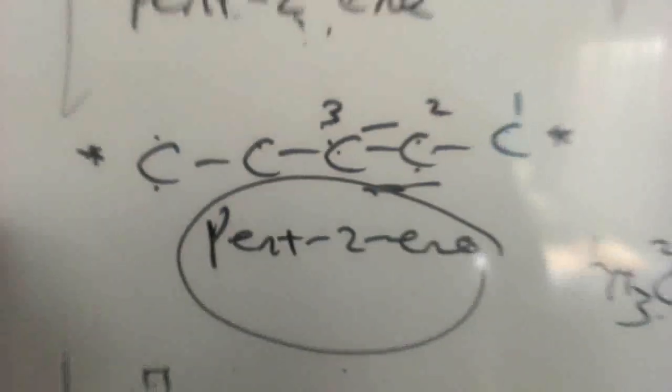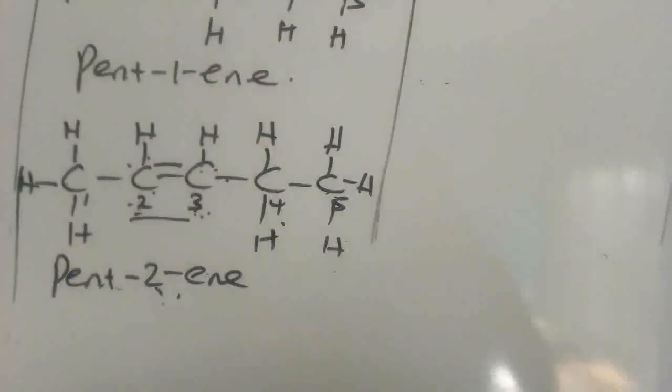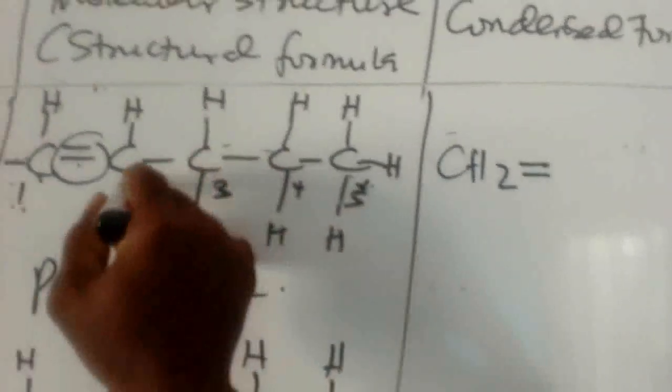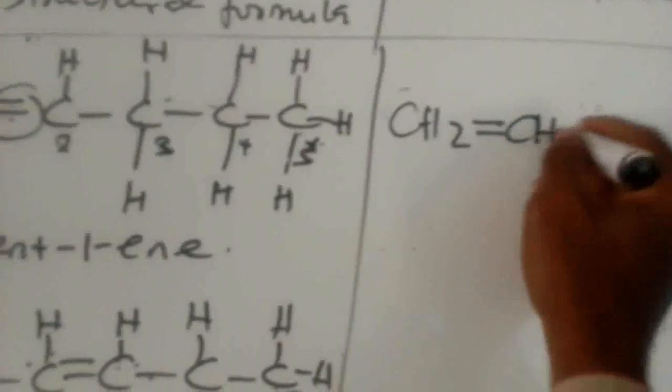So having done that, we can generate more isomers, but we'll be coming to that topic later on. Let's go to the condensed formula of pentene. For pent-1-ene: one carbon with 2 hydrogens, CH2, double bond, one carbon with 1 hydrogen, CH, then a methylene group with 2 hydrogens that appears 2 times, CH2, CH2.